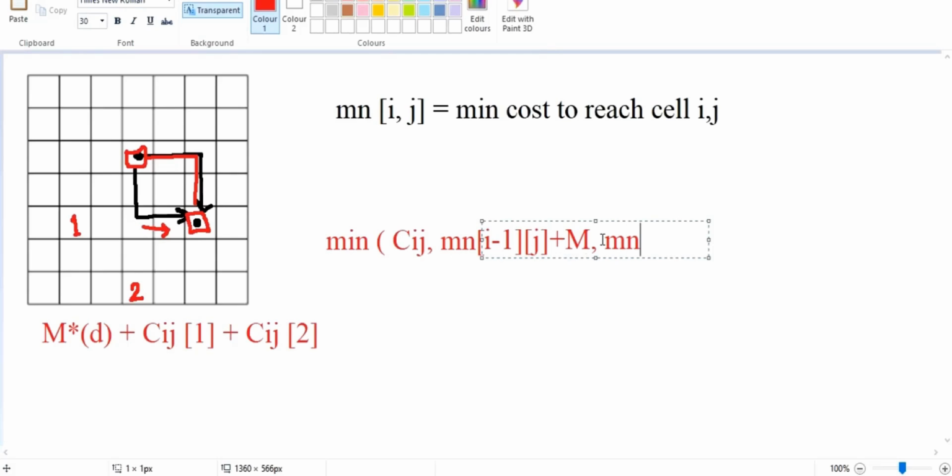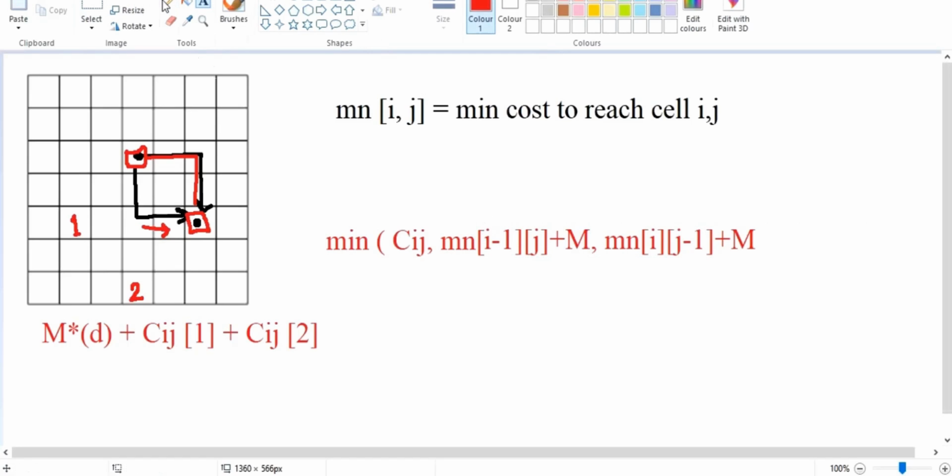Similarly, we can come from the left hand side as well. So we can have it as I and j minus 1. Again, I'll have to add m to it. Now to simplify things, let's say this is your I, this is your I. So in that case, this will be your I minus 1, right?